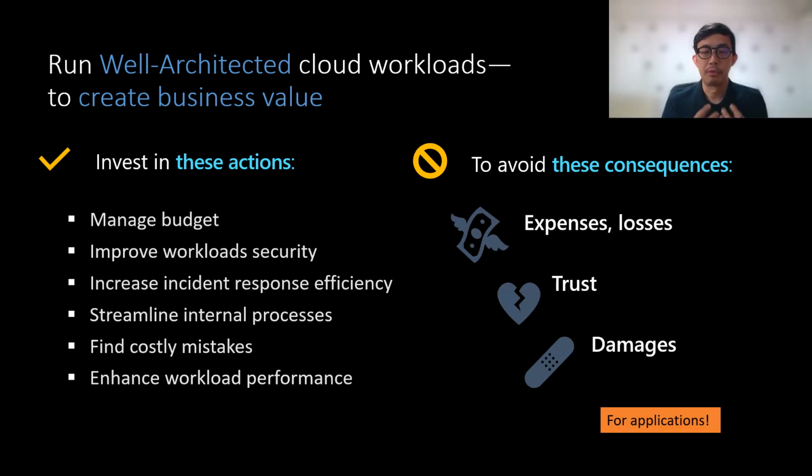And it comes from avoiding damages to your business reputation. So these are achieved by managing your budget well, by improving the security of your workloads, by increasing the efficiency of your incident response, by streamlining your internal processes, by finding costly mistakes, and by enhancing the workload's performance.